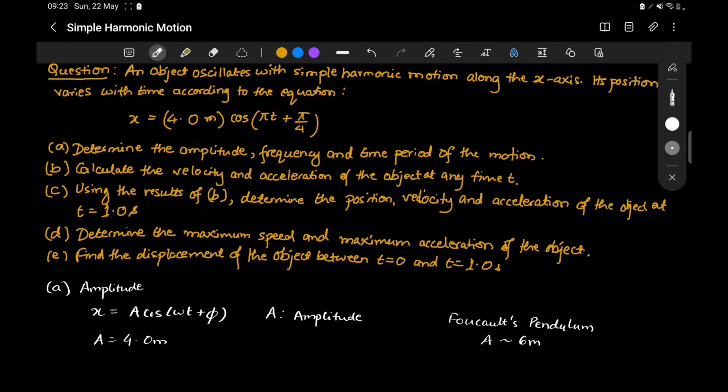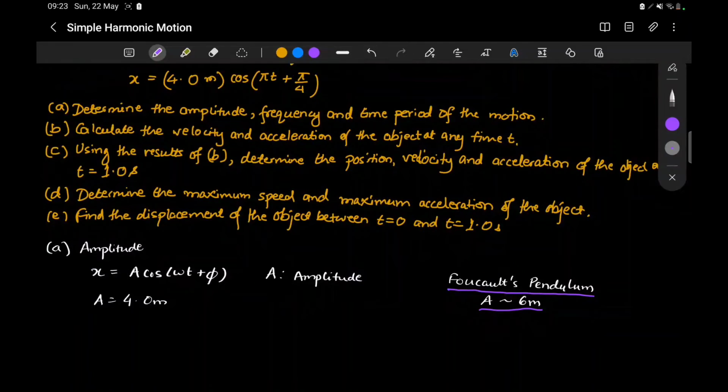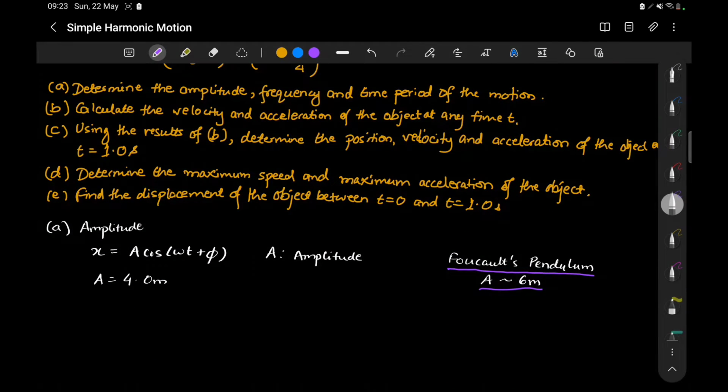So this pendulum indeed has a really big amplitude of about 6 meters. You can search Foucault's pendulum and you will come to know more about it. So we have found the amplitude.